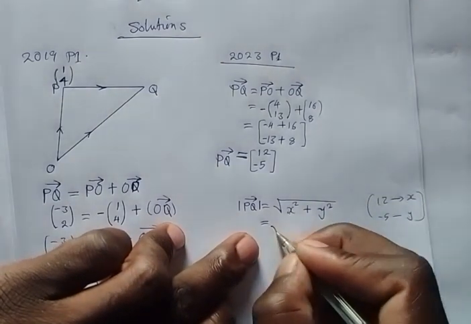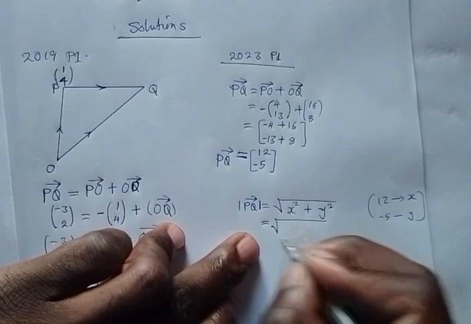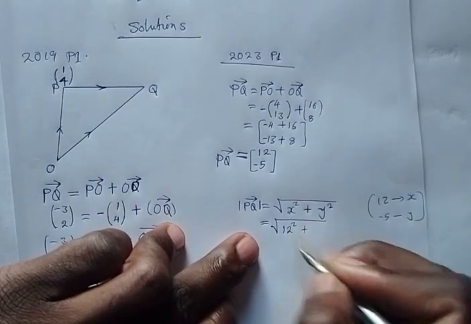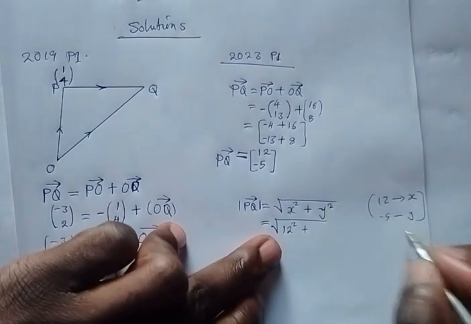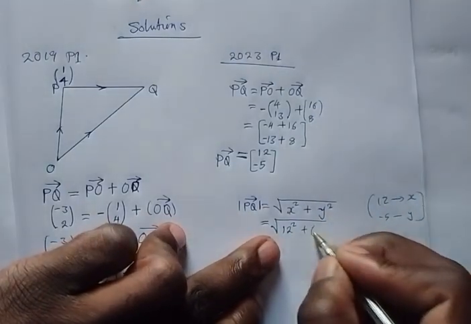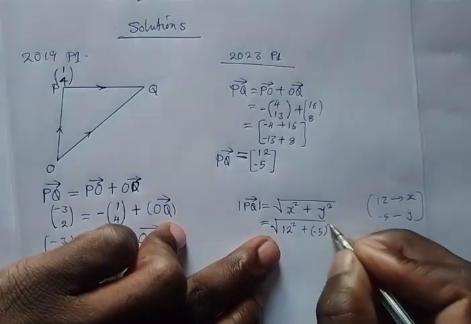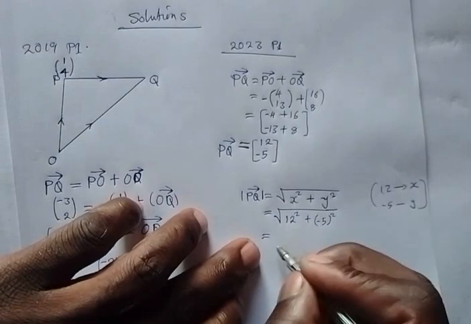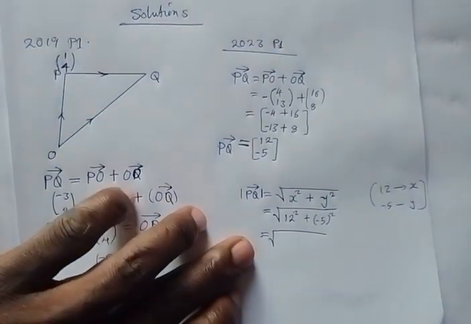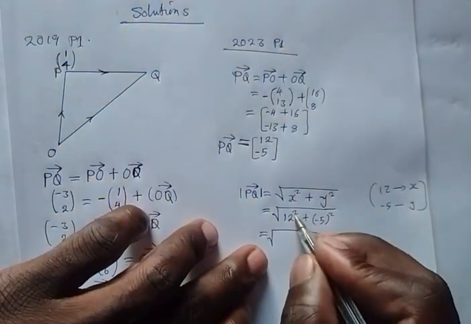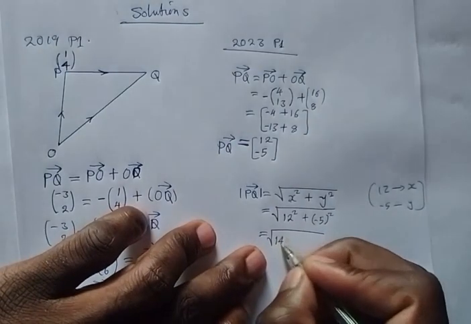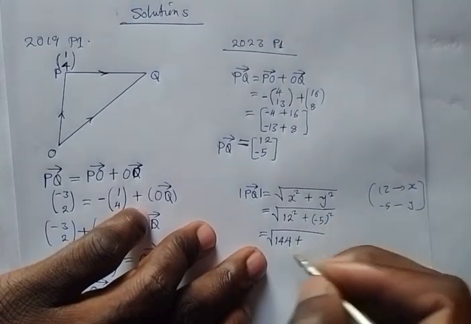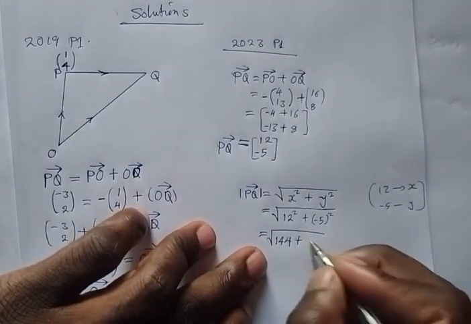So we have the square root of 12 squared, plus negative 5 squared. So that equals the square root of 12 squared, which is 144, plus negative 5 squared, which is 25.